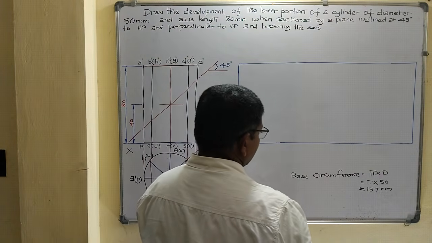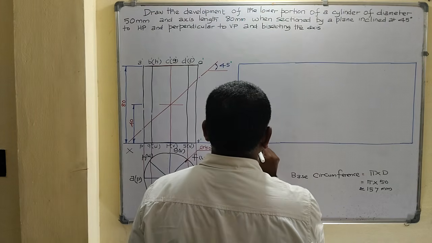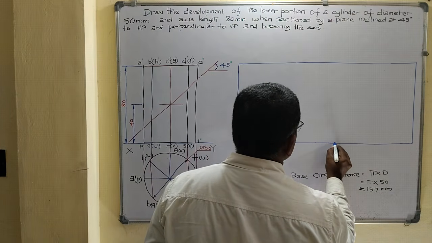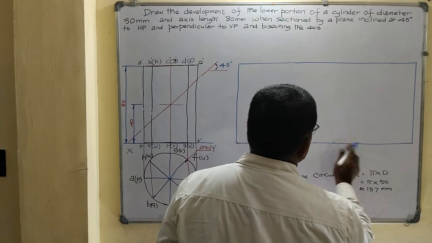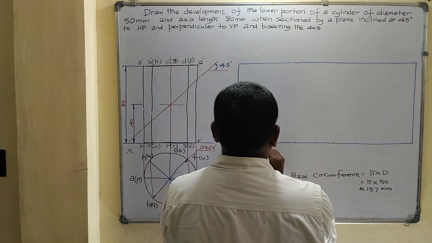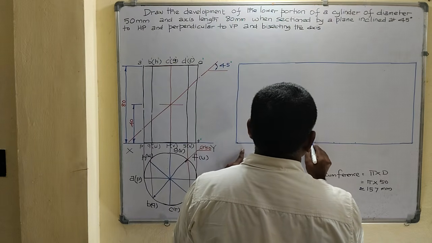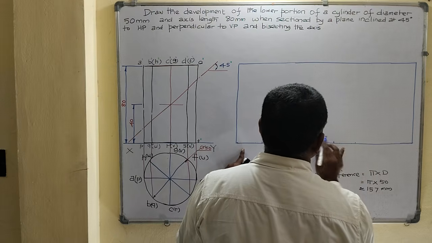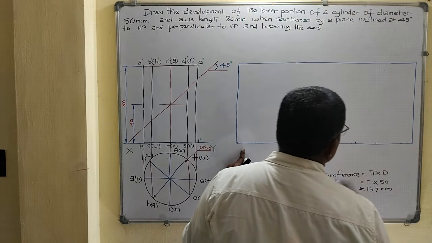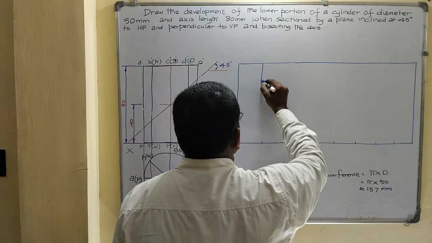Divide into 8 equal parts. Draw the generators.